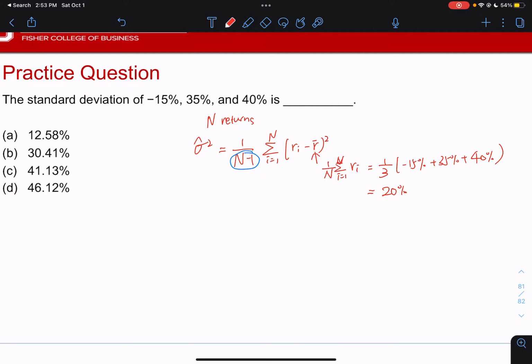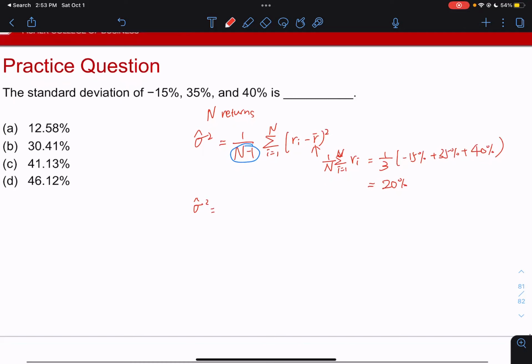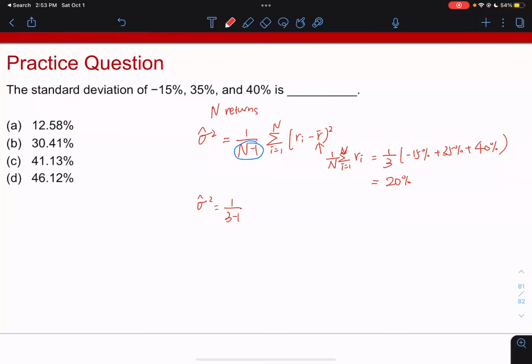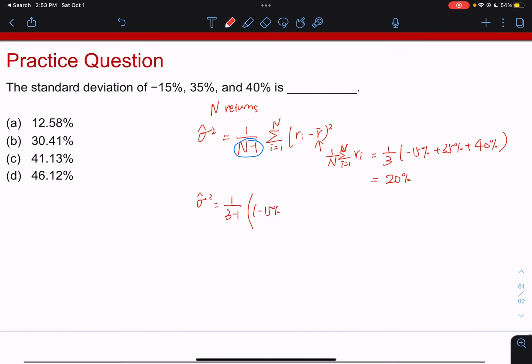And then we can get the variance, which is 1 over, again, n equals 3, so 1 over 3 minus 1. And inside we have negative 15% minus 20% squared, plus 35% minus 20% squared, plus 40% minus 20% squared.